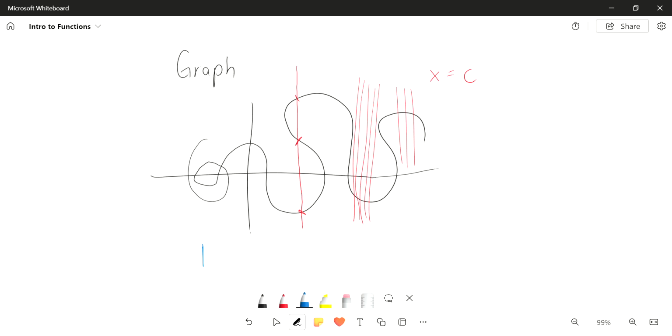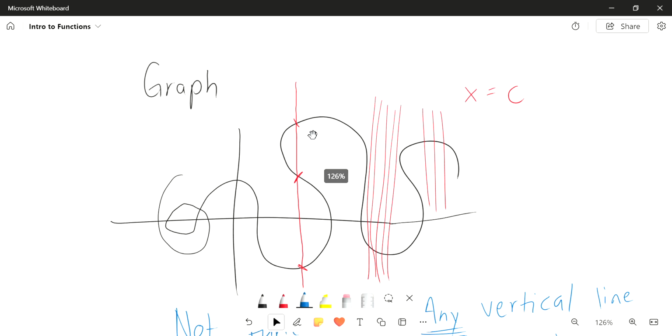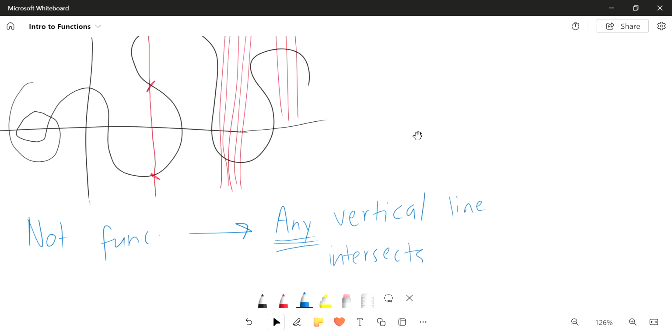So for it to be not a function, it means any vertical line, and I mean any because that's very important, intersects, like in case you're not aware, it just means it meets the graph. They have the same y value at the same x value.